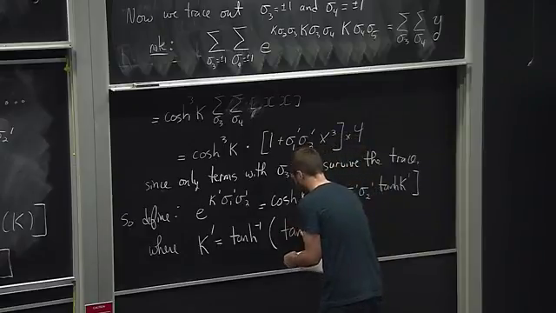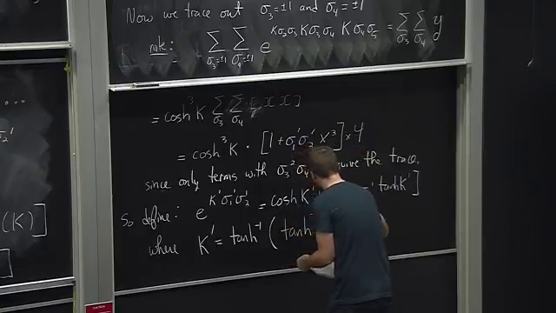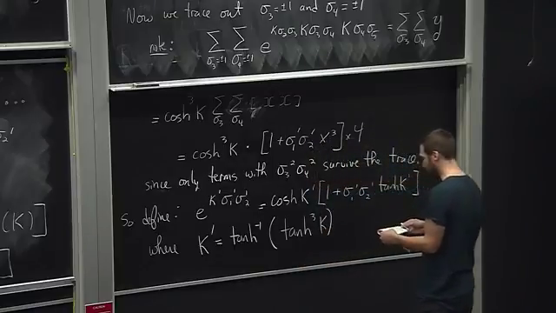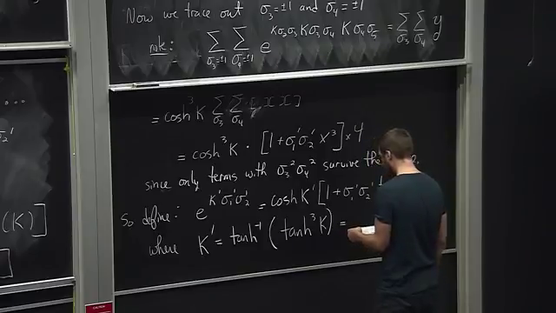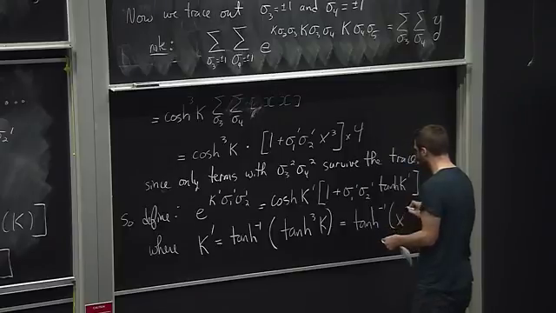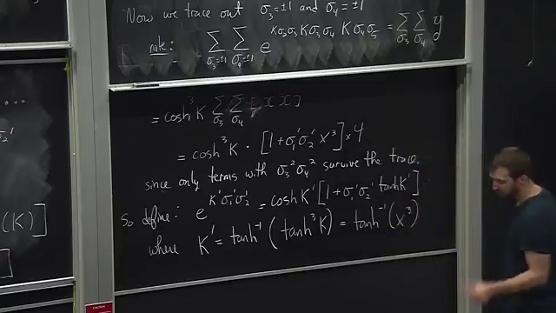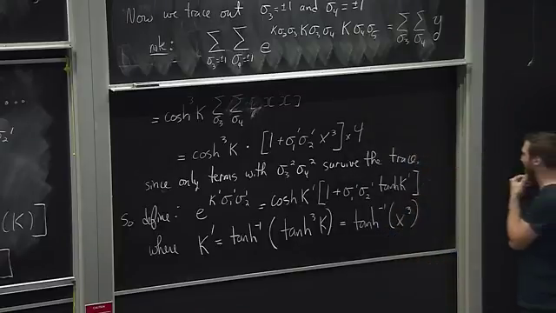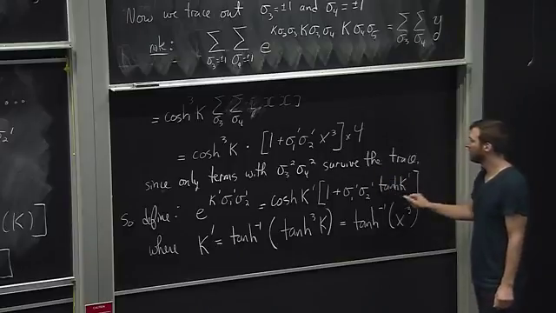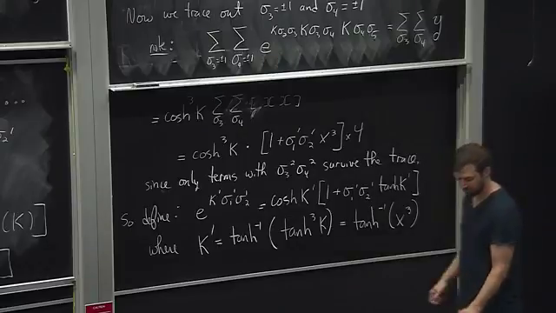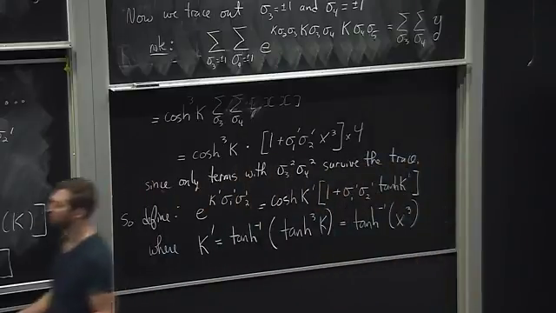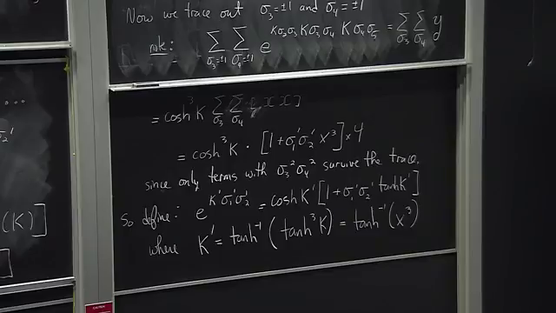So x is tanh K, right? So I can write it like that, which is just, I skipped a step. Right, so that's this piece here and this piece here. Makes sense?